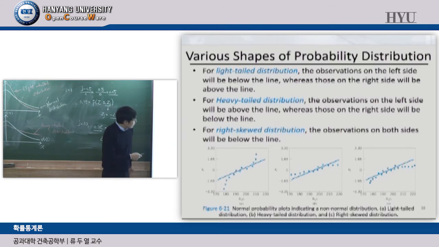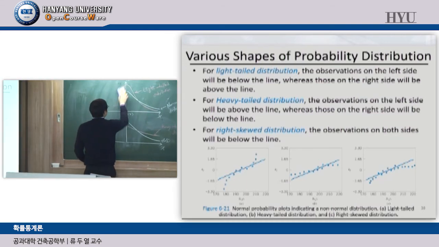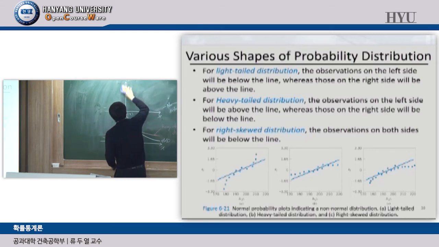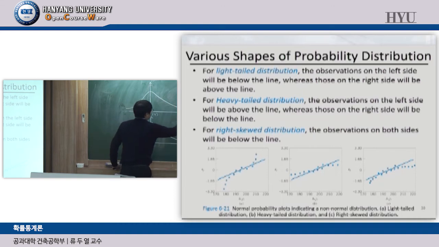And the last one is the right skew distribution. The observations on both sides will be below the line. As you can see here, both the left and right observations are below the center line. And for this case, this is the right skew distribution. And what is the right skew distribution? And we can say this is the normal distribution.